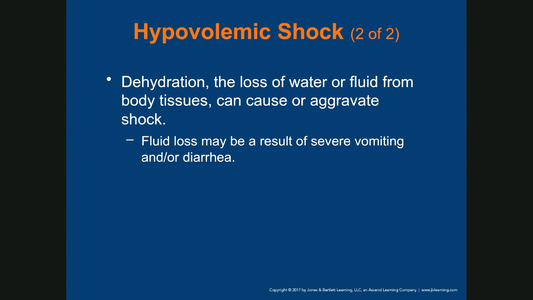And how that occurs really is what is happening with vomiting and diarrhea. This is a blood vessel, right? These are the cells within the blood vessel. We have cells in the blood vessels.